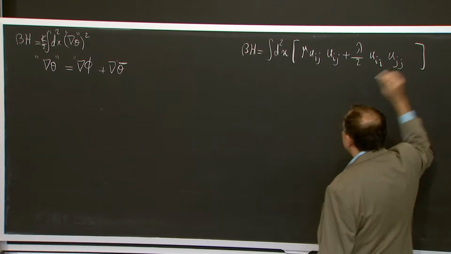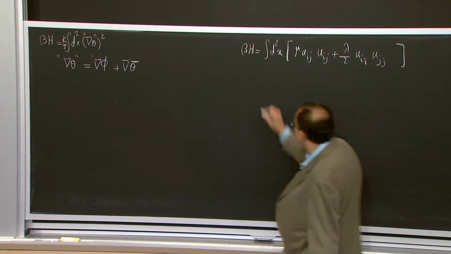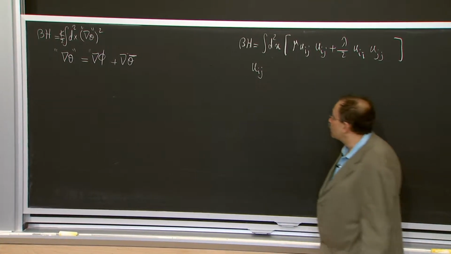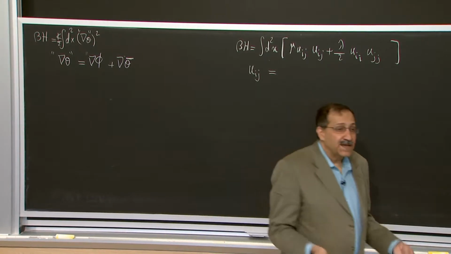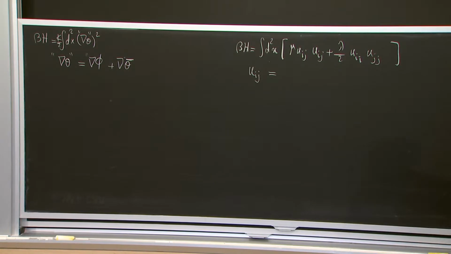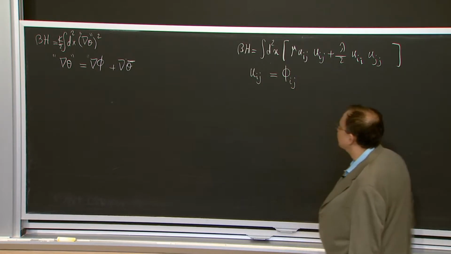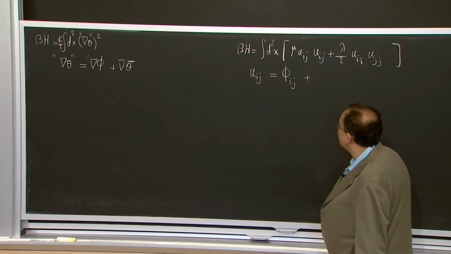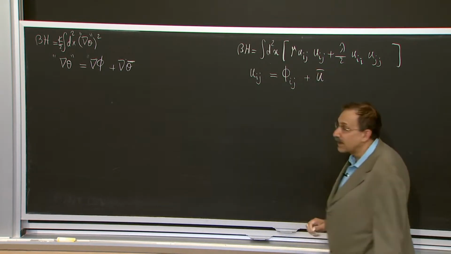And what we can do is to say that our strain field uij has a component that is like the Goldstone modes that we have been calculating so far, essentially treating everything as Gaussians, except that I will write it as phi ij, and then a part that would come from the distortion field u bar that I calculated.